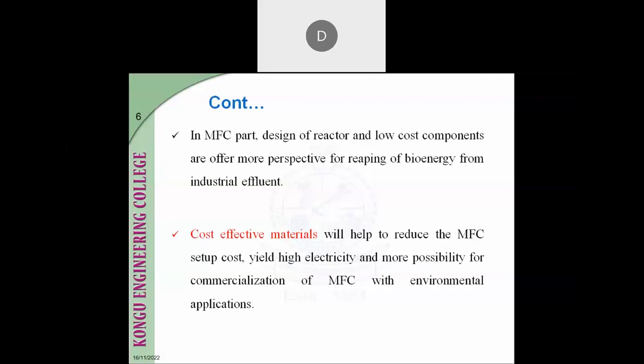The design of the reactor and low-cost components offer more perspective for reaping bioenergy from industrial effluent. If you use cost-effective materials, we'll be able to reduce the MFC setup cost, yield high electricity, and also open the possibility of commercialization of MFC with environmental applications. So this is the important point.